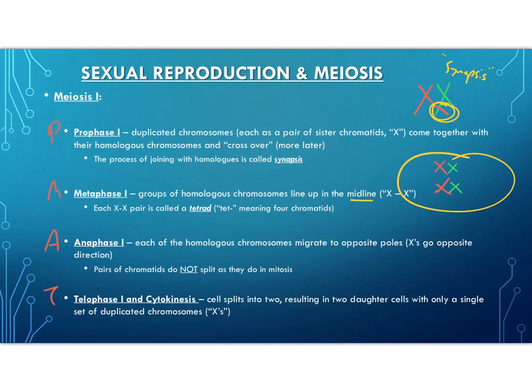Again, you can remember apart, but here instead of splitting our X in half like we did in mitosis, we're actually just going to separate our X's from one another, right? Opposite directions. And then we have telophase 1 and cytokinesis, where we would split this thing into two separate cells, each carrying a single set of duplicated chromosomes.